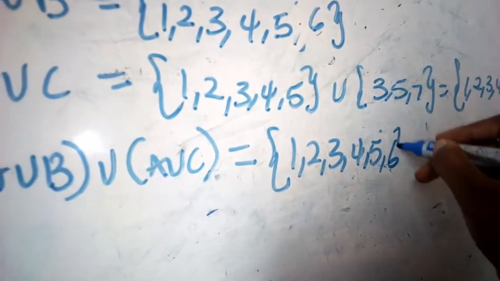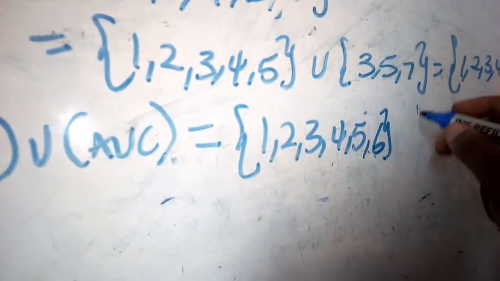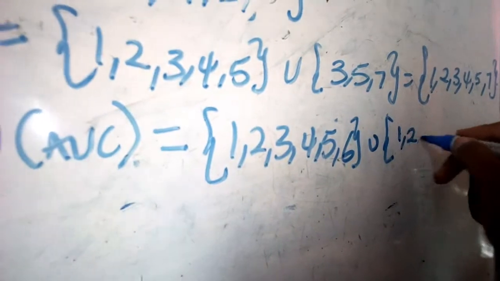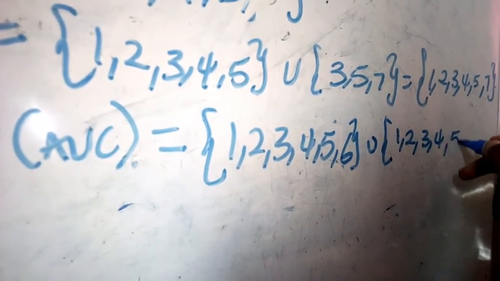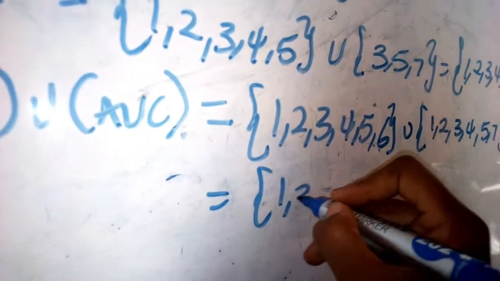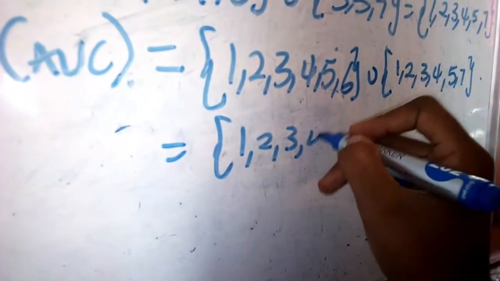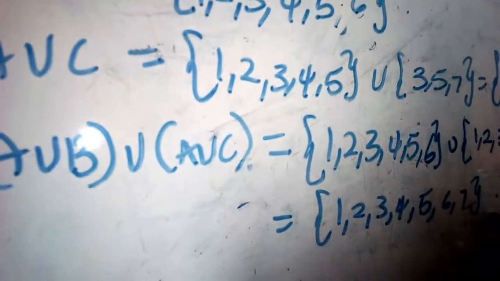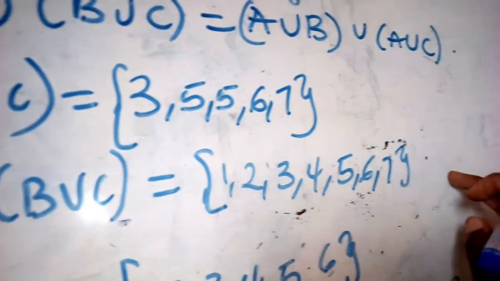So I've included this. These are A union B, union A union C, which is 1, 2, 3, 4, 5, 7. So this gives us 1, 2, 3, 4, 5, 6, 7, which is also the same thing as this.